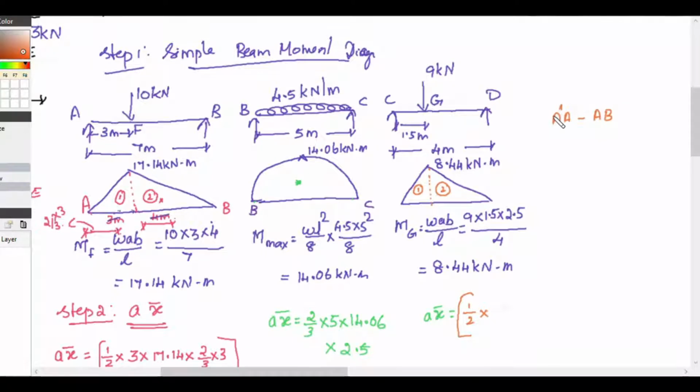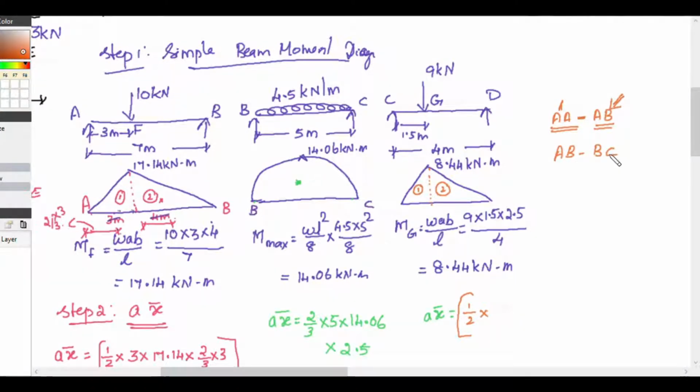That means, see our x bar for this span, our x bar will be A dash. For this span, our x bar should be calculated from B. Now, our second set of spans will be AB, BC.